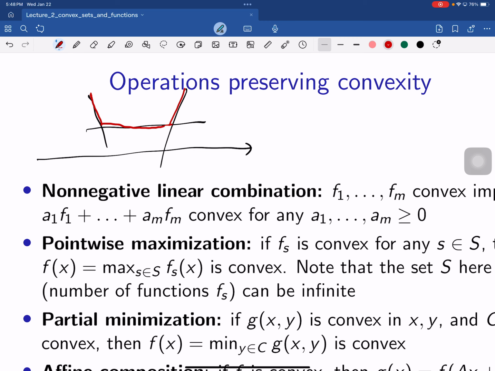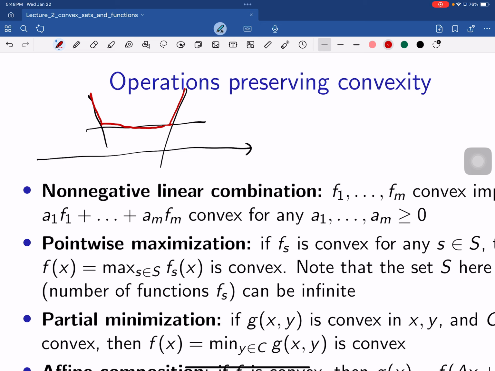So the maximum of any arbitrary linear functions gives you a piecewise linear function that is convex. That is a very important property because in many applications, you will want to take the maximum over several linear functions, right? So that is still a convex problem, okay?